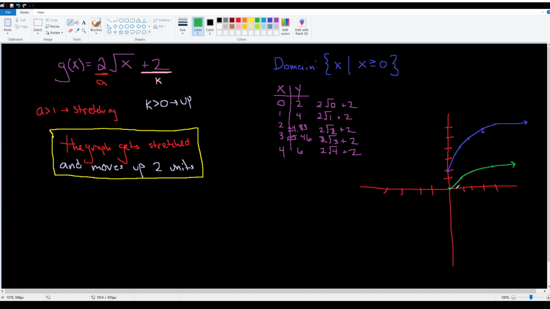And it moved up 2 units. Everything would get moved up those 2, except that once we see the stretch happening, obviously that changes it a little bit. We would see it get stretched and moved up 2 units. So that's what I mean by a transformation or a translation of our parent function.